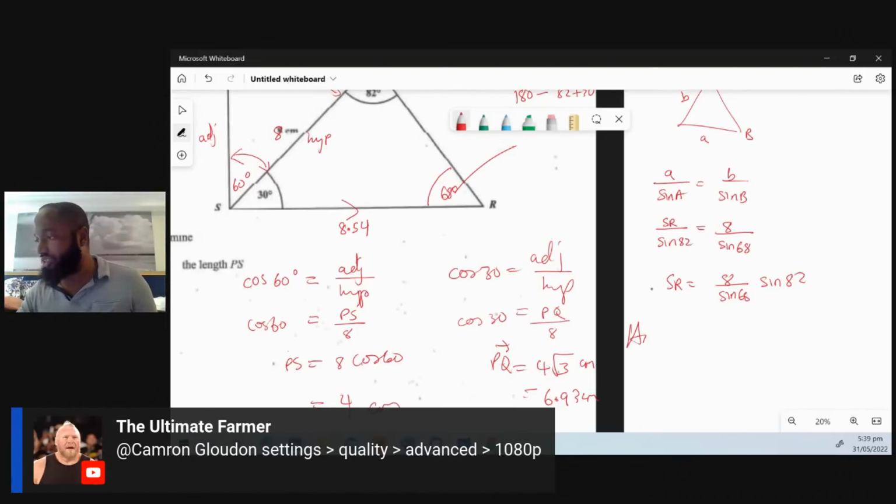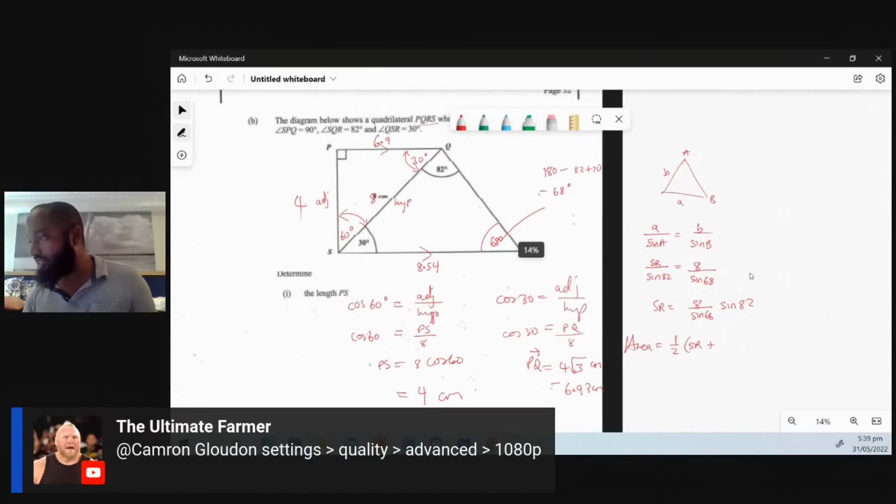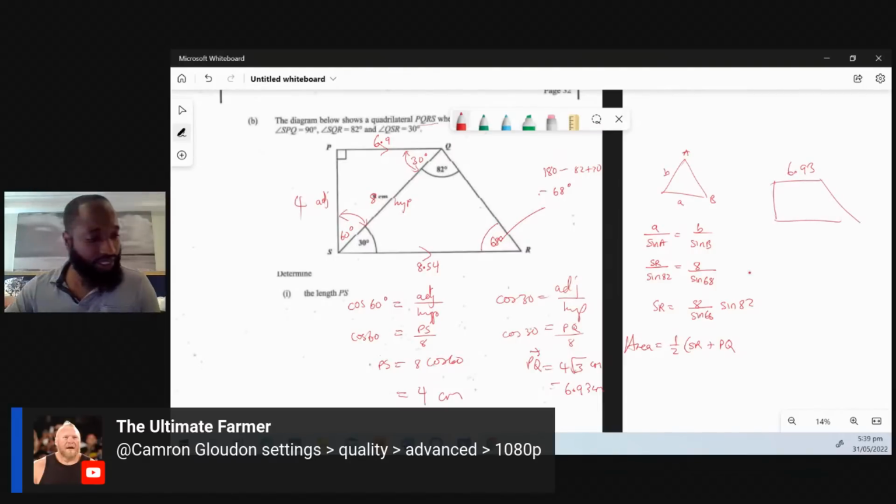So the area is going to be half the sum of the parallel sides, half of SR plus PQ. Seen it? Those are the parallel sides. The trapezium looks like this. We have 6.93, we have 8.54, and we have 4.